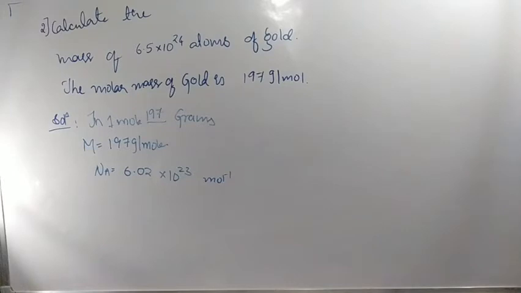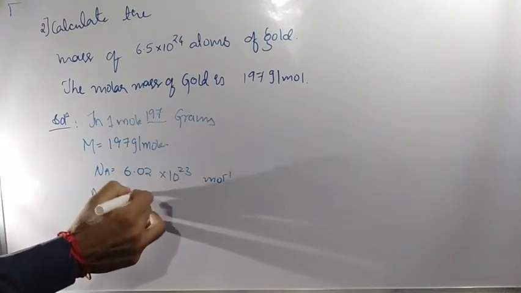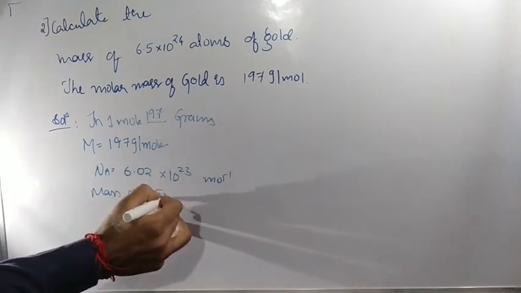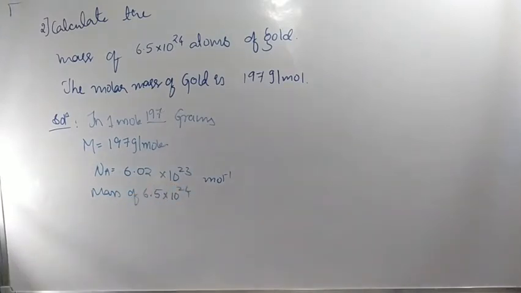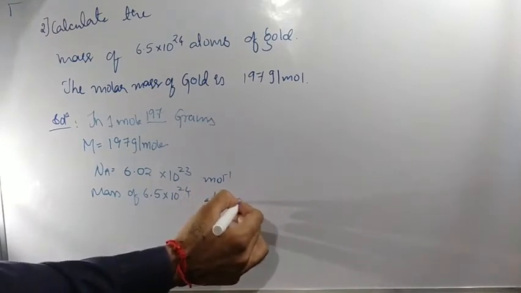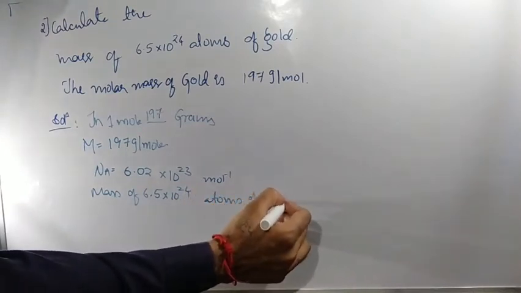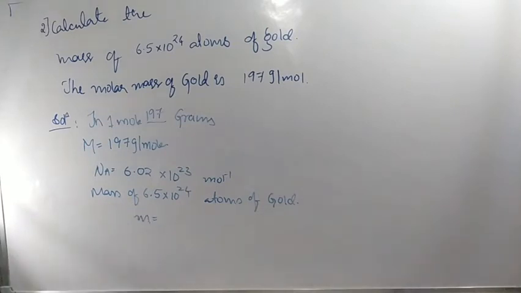So now mass of 6.5 into 10 to the power of 24 atoms of gold it is. Correct? So small m, how we can calculate? Come on.